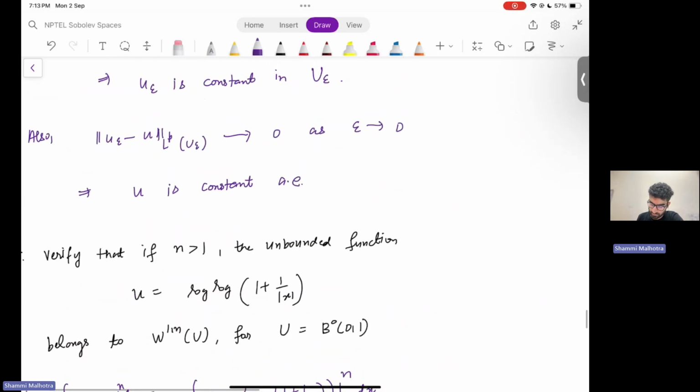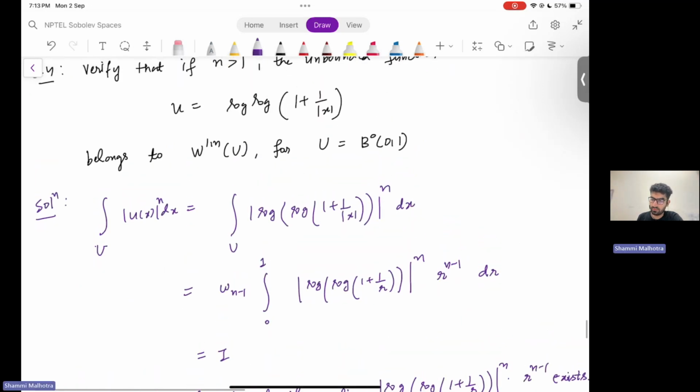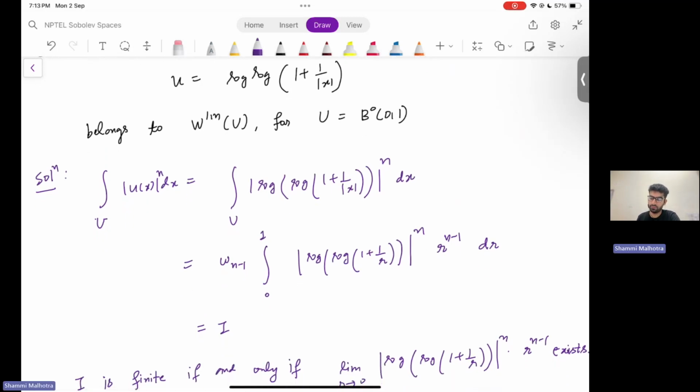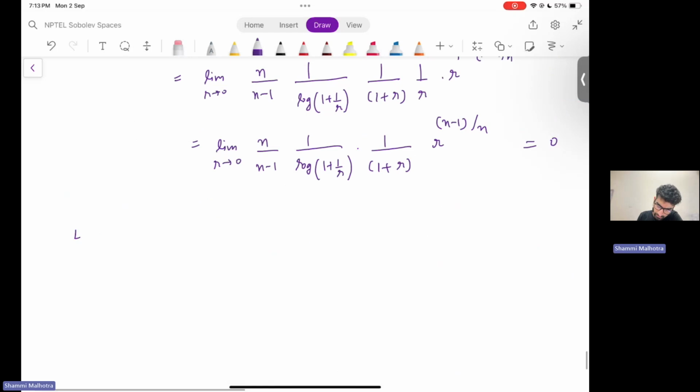So next we have to check whether the derivative of u, the weak derivative of u, is in ln or not. So let u be in C infinity.